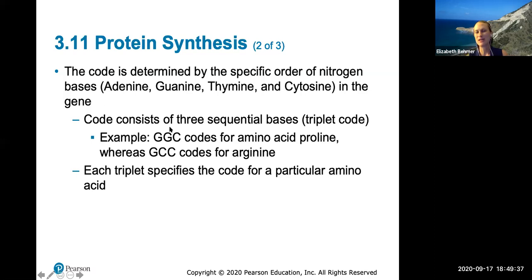And the code will consist of 3 sequential bases, and we call that a triplet or a codon, where a GGC base pair will code for the amino acid proline, and GCC will code for arginine. So this kind of triplet or codon of 3 base pairs will code for a specific amino acid, and then we take each triplet and just start putting amino acids next to each other to create a protein.